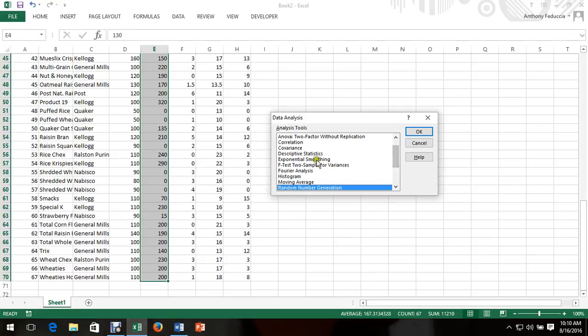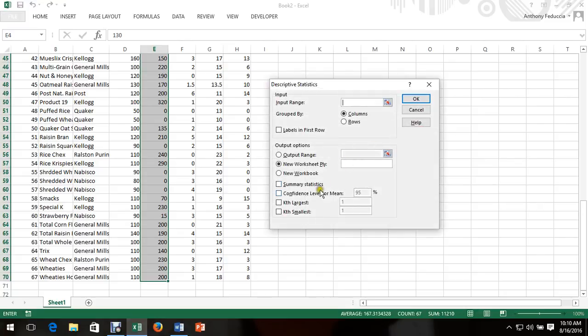Then go to descriptive statistics, hit OK, and make sure you include summary statistics. We did not include the label in the first row, so we don't have to do that. And the input range goes right here.